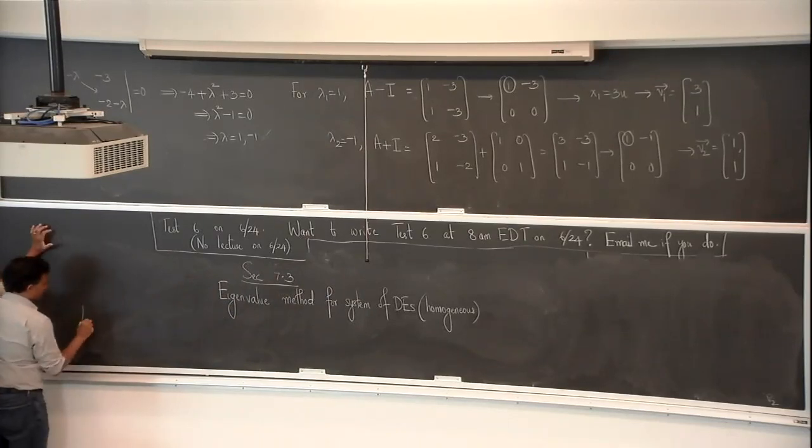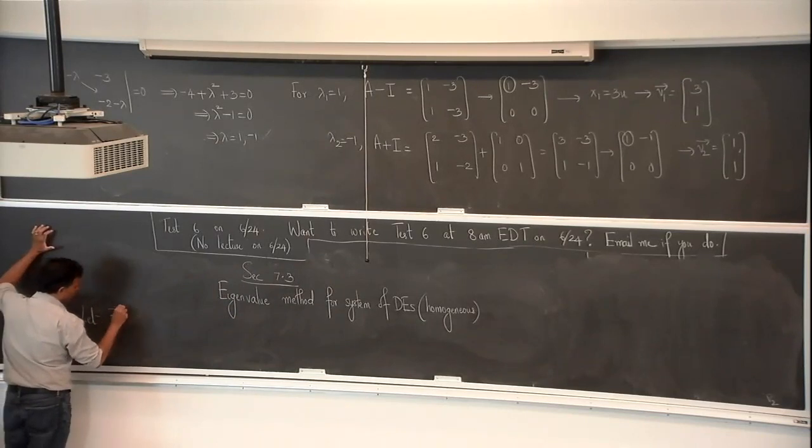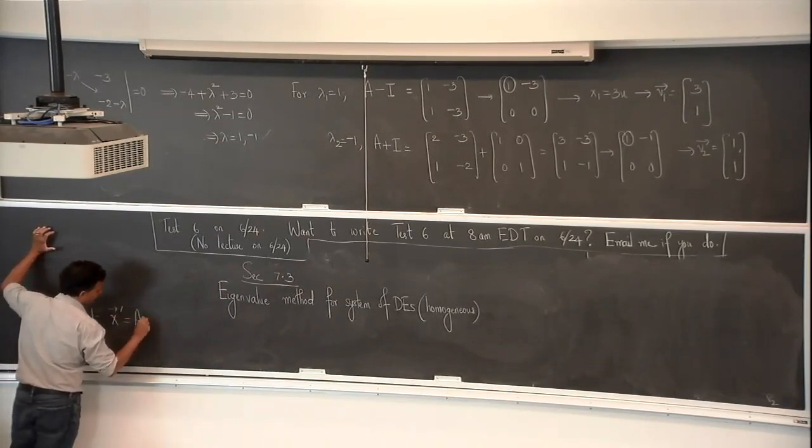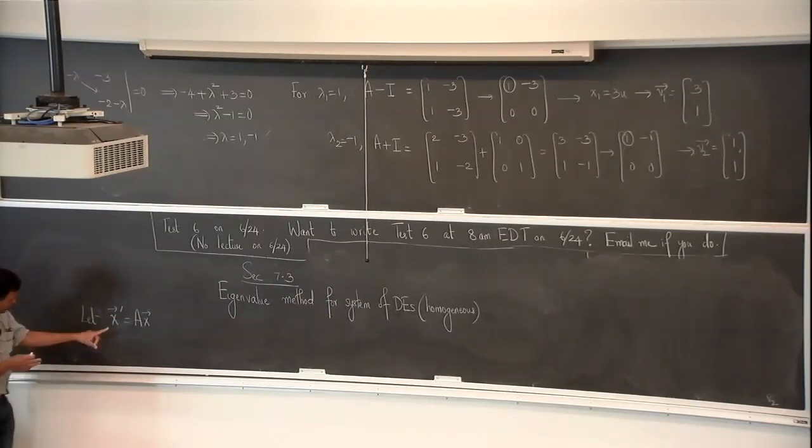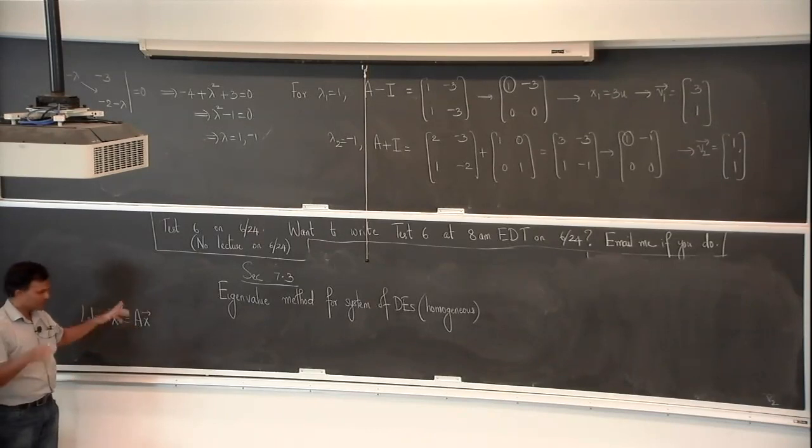All right, so let x prime equal Ax, now you know what that means. That is a vector of all the functions, the derivative of that with respect to time. A is the matrix of all the coefficients, and x is the vector of all the unknowns.